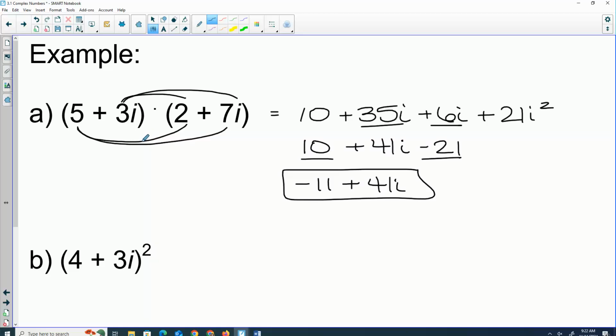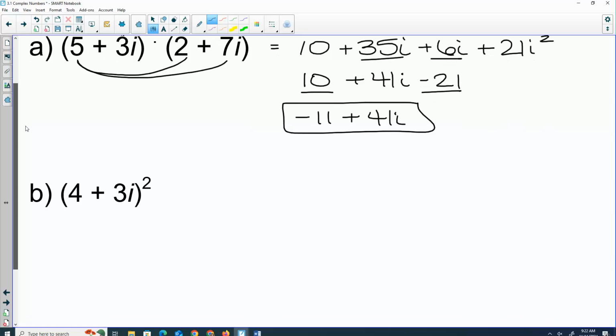B. What does it mean if I have something squared? FOIL it by itself. I am taking this times itself.